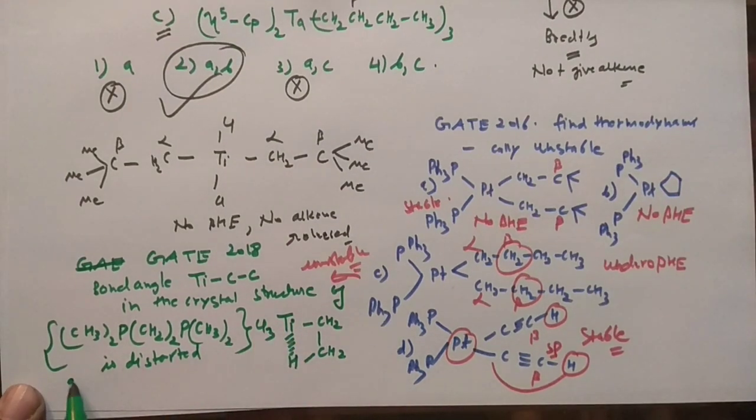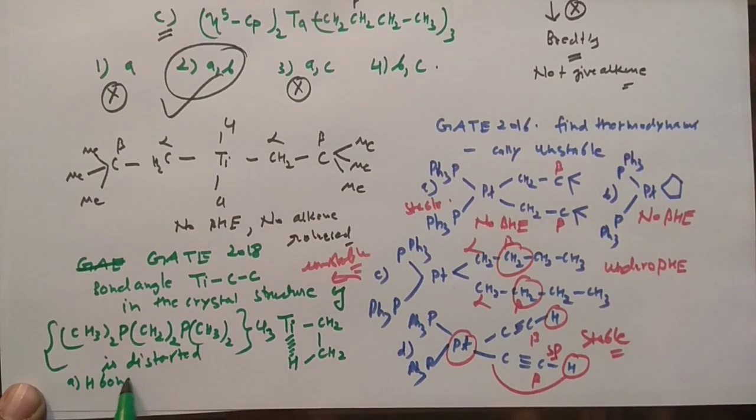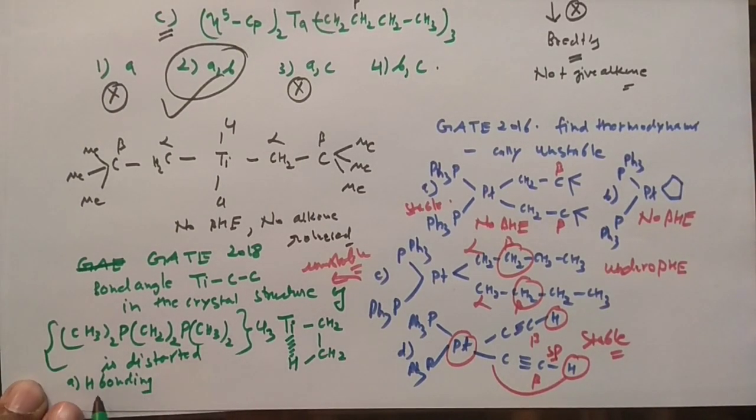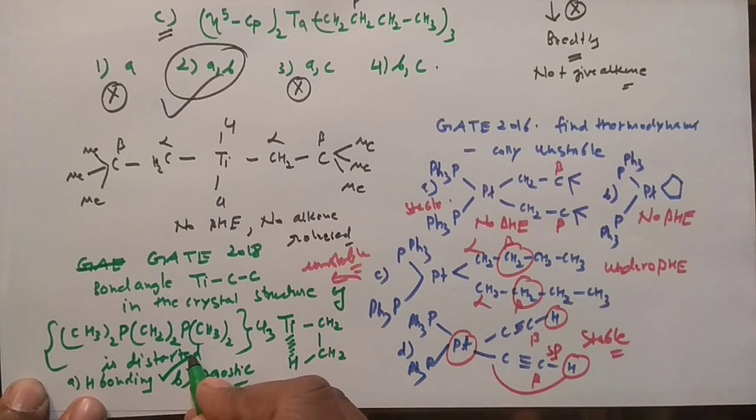Option A was H bonding. There is no concept of hydrogen bonding, because for hydrogen bonding you need a quite polar bond. So A cannot be your answer. B, they have given you the agostic interaction. Yes, of course, agostic interactions are there because beta hydrogens are there. So B is the correct answer.